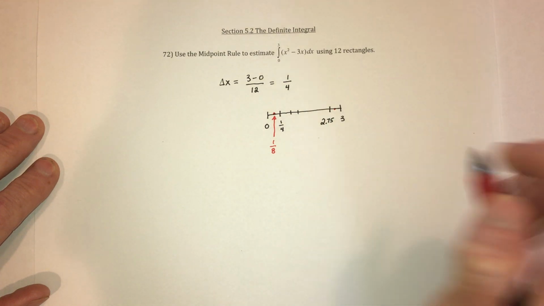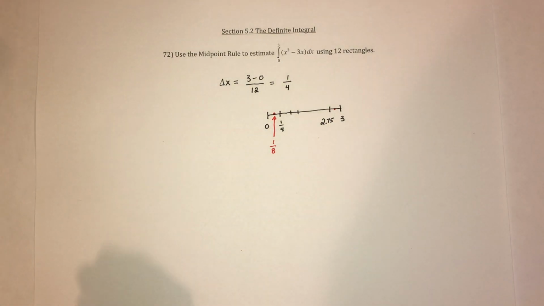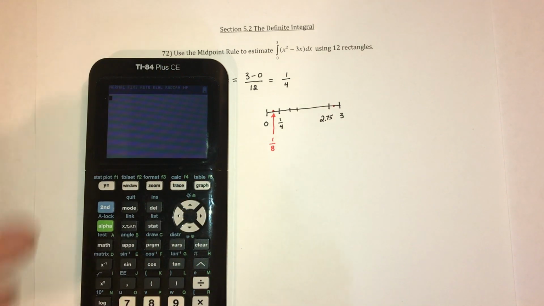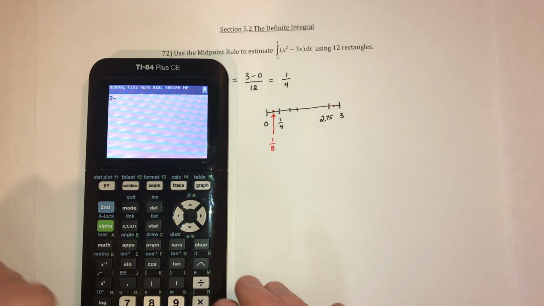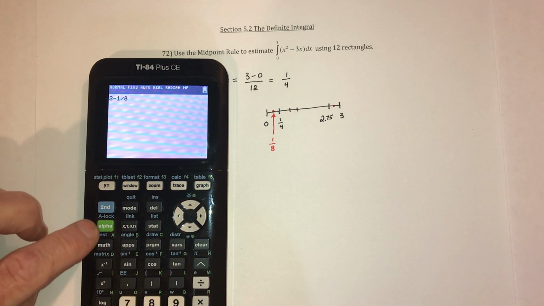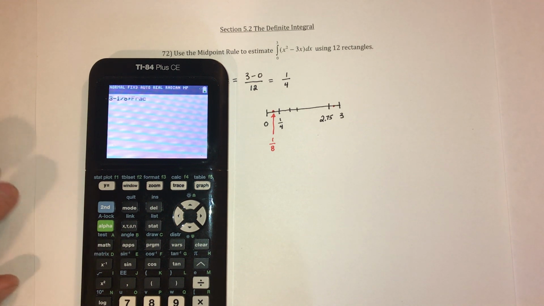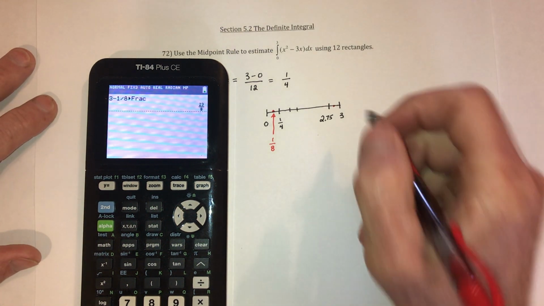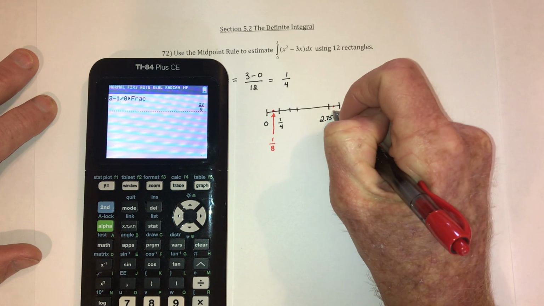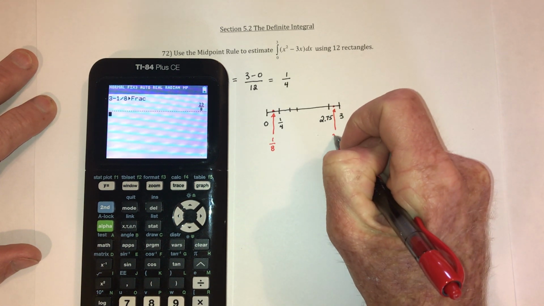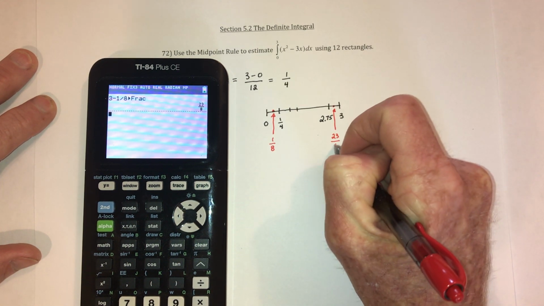So 3 minus 1/8, and then change that to a fraction. So this one is 23/8.